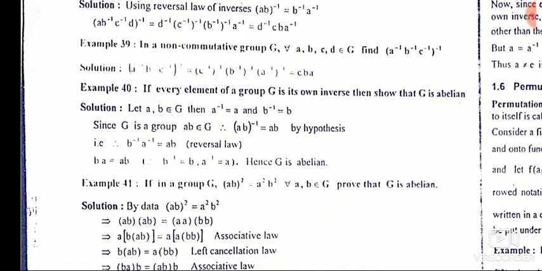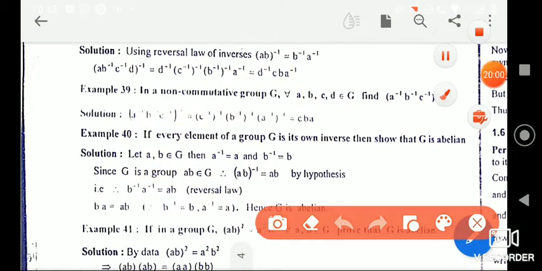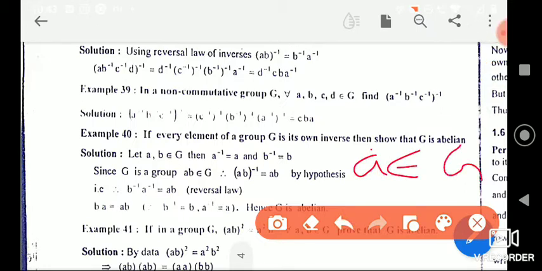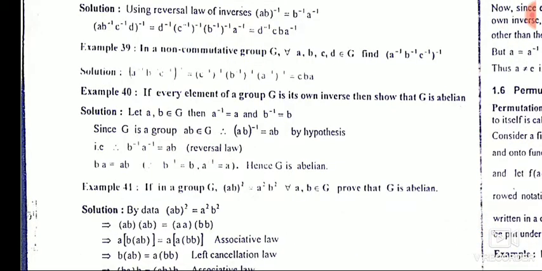For example, there exists an element A belonging to G. Then what is its inverse? Its inverse will be A inverse, right? But what they are telling here is A inverse will be equal to A in this group. Then show that G is abelian.